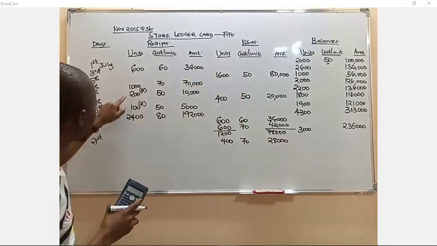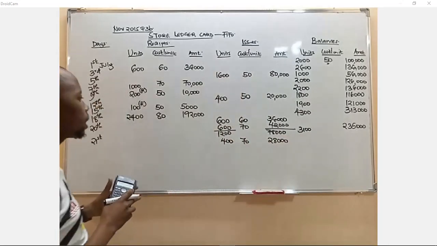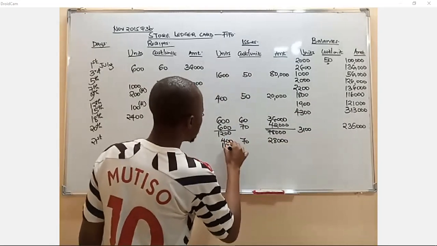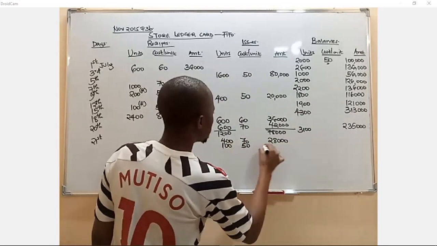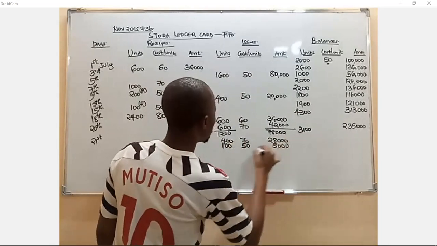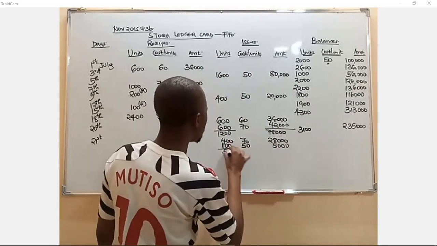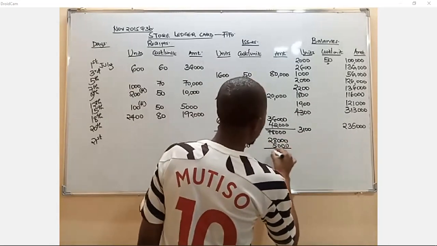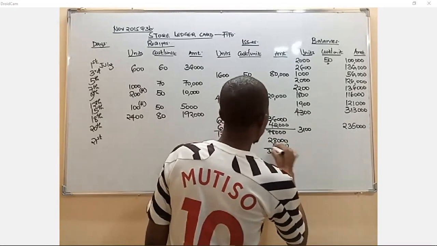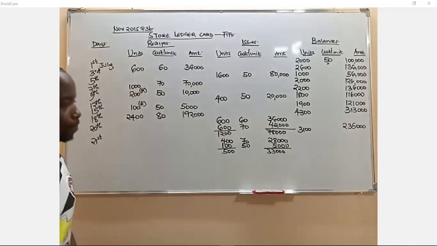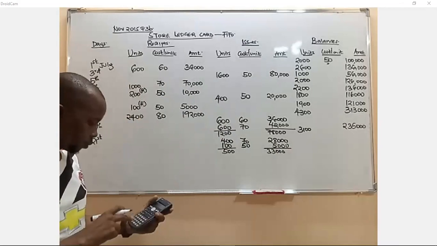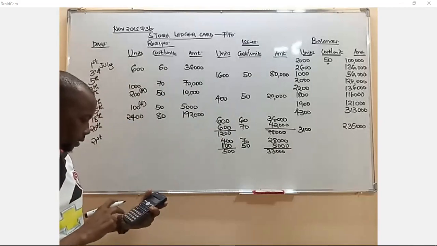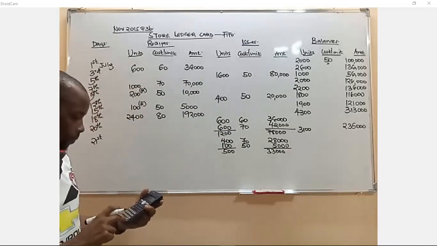Then kuna ingine hapa, hizi zilirudishwa, 100 zimeharibika also. So nakuja nasema 100 by 50 getting 5,000. This comes to the 500 of our wastage, and then this turns to 33,000 like that.